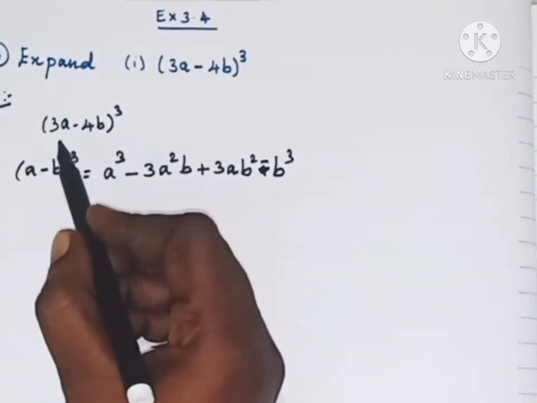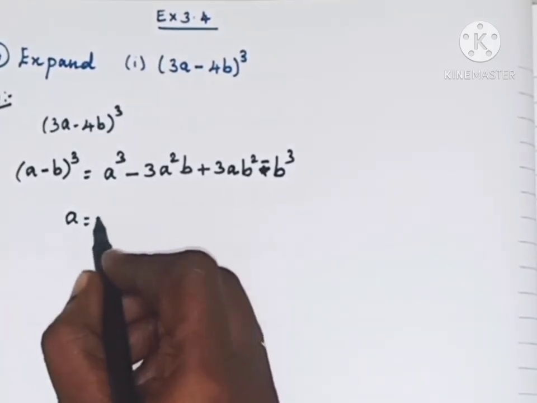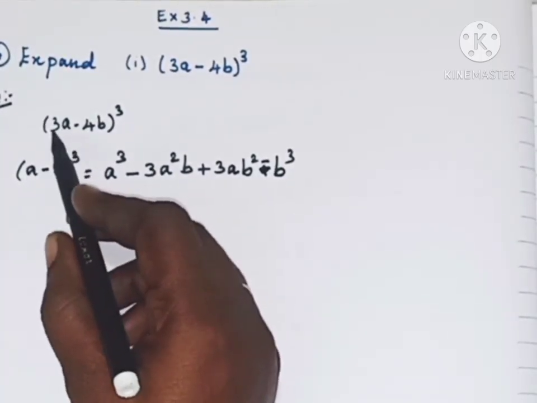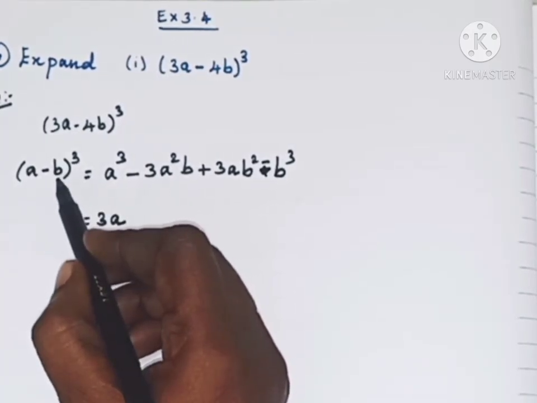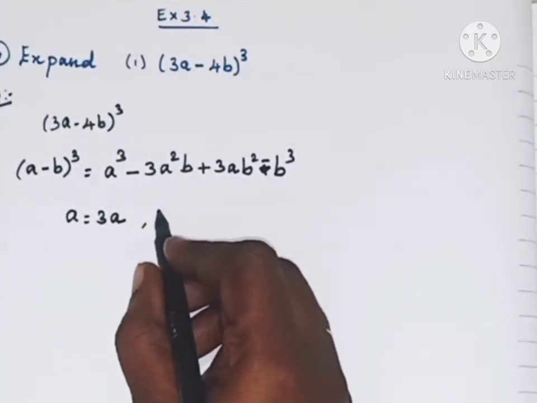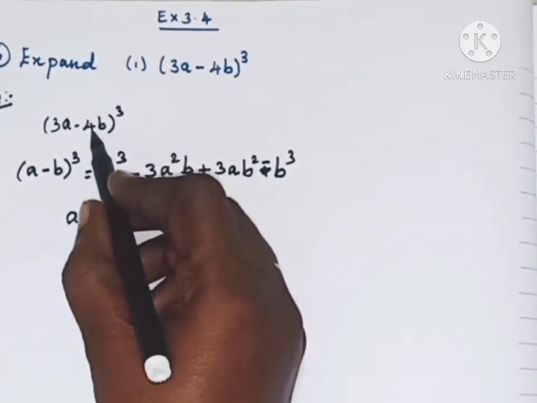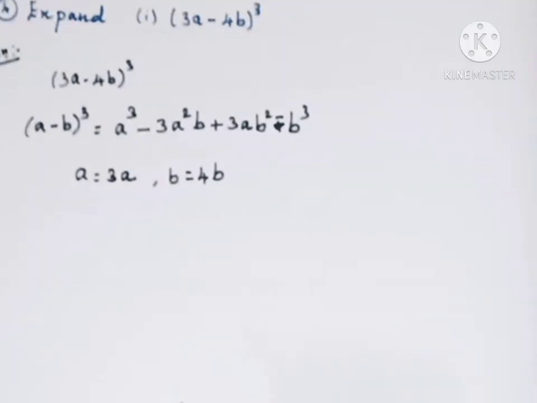Now here in this problem, take a is equal to 3a. In the place of a, we have 3a in this problem. So take a is equal to 3a, and take the value of b is equal to 4b. In the place of b, we have 4b here.